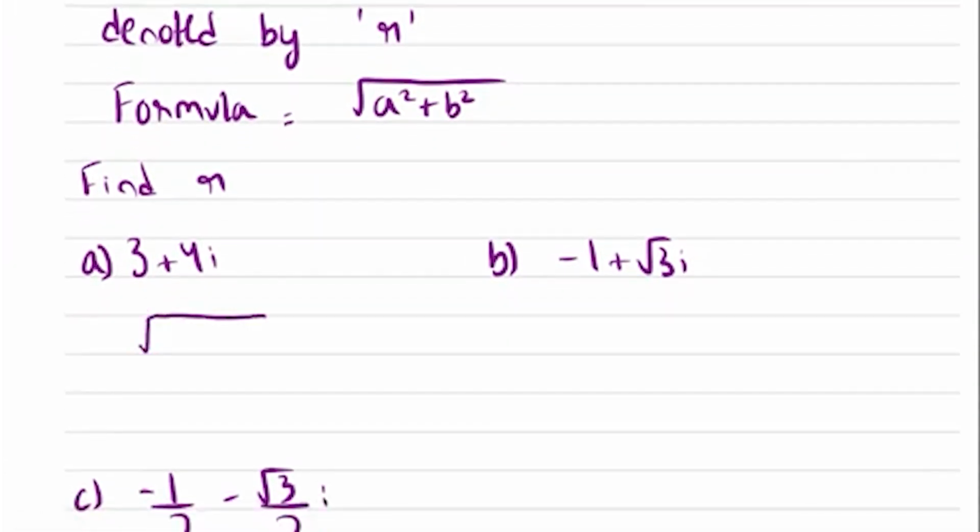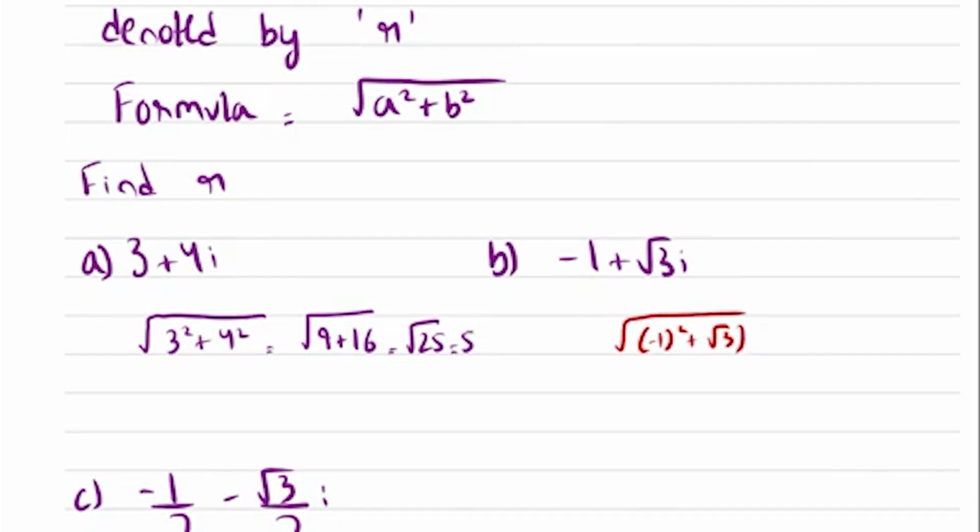So it's going to be 3 square plus 4 square, that makes 9 plus 16, that's under root 25, that's 5. Here it's going to be minus 1 square plus under root 3 whole square. So that's going to be 1 plus 3, under root 4, that's 2.